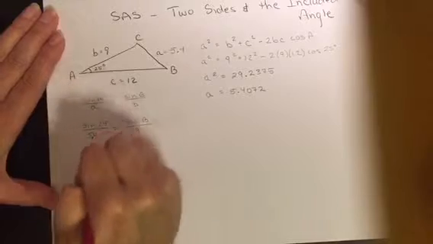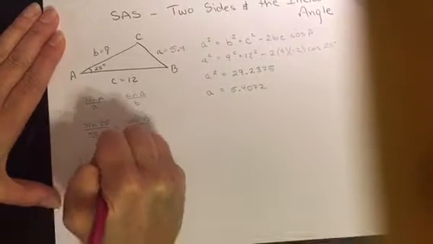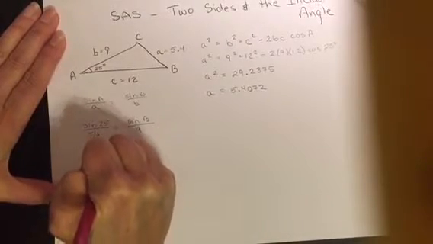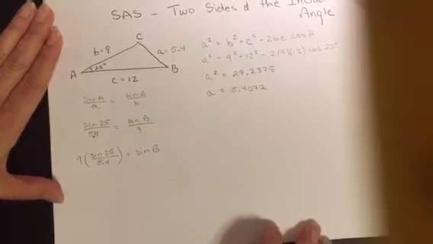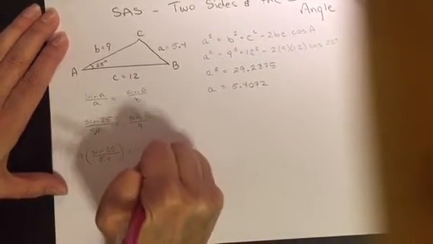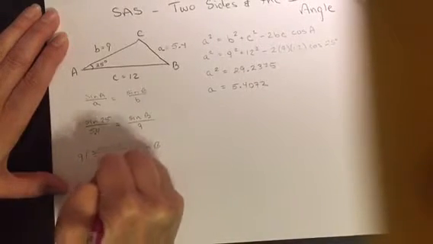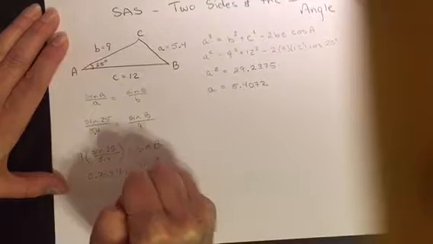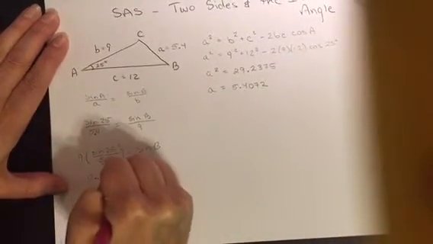Okay. So I'm solving for B here. So I end up with sine B equals 0.7034, which means B equals 44.7 degrees.